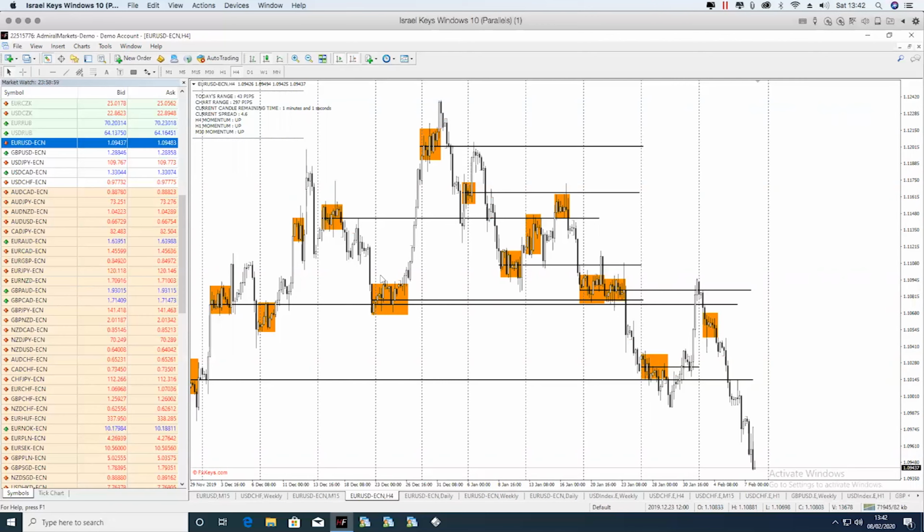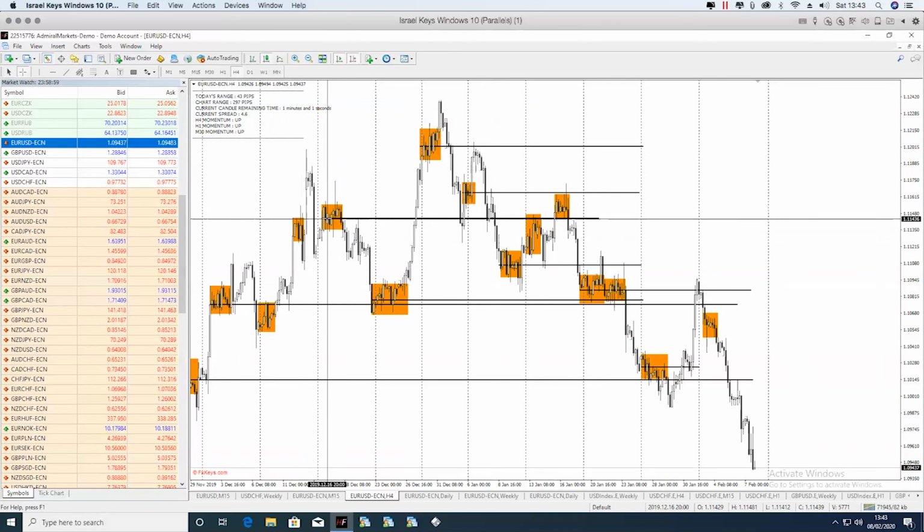Because usually out of a contraction box, there will be an expansion. That's the second phase. And usually price will first expand, not always, but it usually will first expand in the opposite direction of the real move. 70% of the time, the first move here, this is quite simple because this happens immediately.